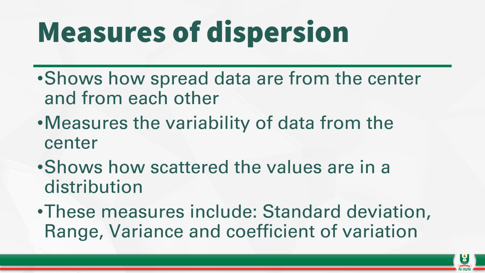How scattered are the values in the distribution? So this measure of how scattered values are include standard deviation, range, variance, and coefficient of variation. These are what we use to measure dispersion, or how variable or how scattered values are from the center.